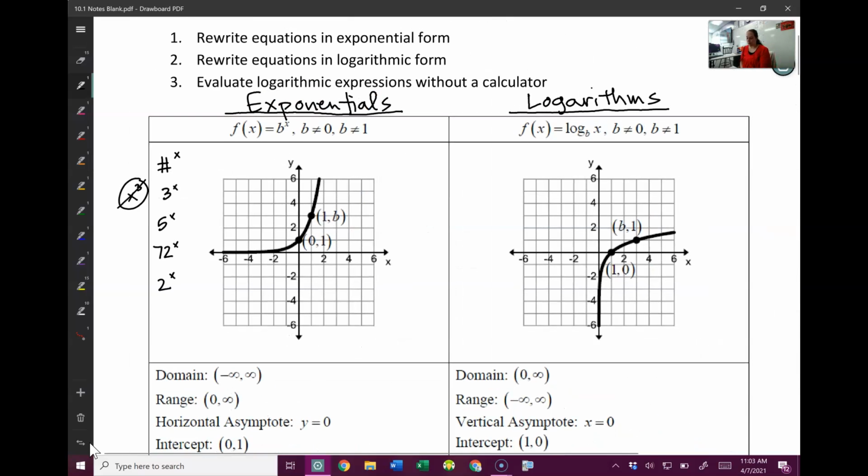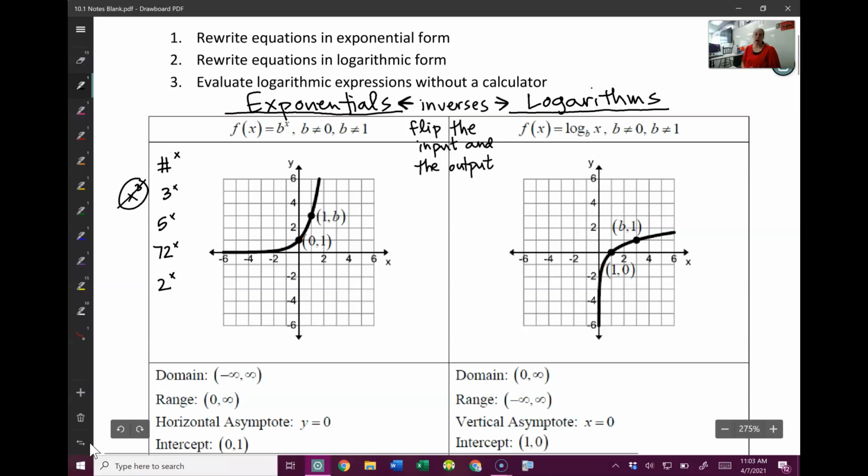Exponentials and logarithms have, as I said, a very special relationship in that exponentials and logarithms are inverses of each other. Now, we've talked about inverses before, but in case you forgot, an inverse means you flip the input and the output.